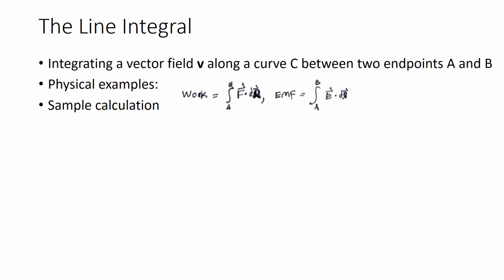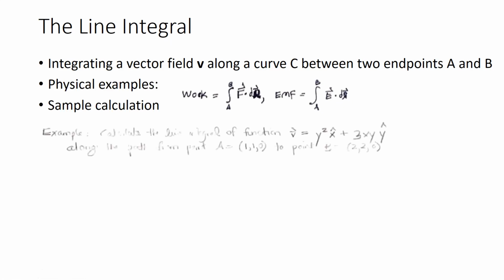So let's do a sample calculation. We're going to calculate the line integral of the function v equal to y squared x hat plus 3xy y hat. Okay, so this is just a function we're picking, along the path from the point 1, 1, 0 in the plane to the point 2, 2, 0.